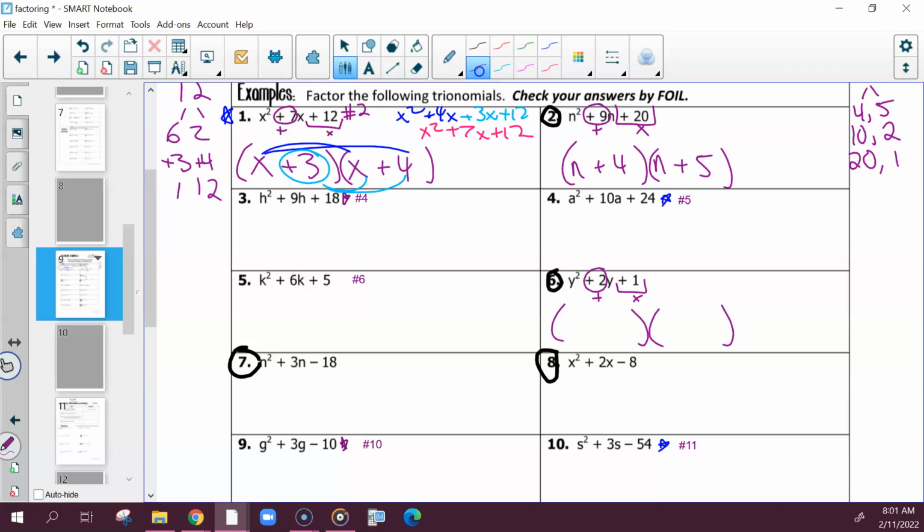And if we were to add those two together, 1 plus 1 does give us 2, so that's y plus 1, y plus 1. When you get the exact same thing, you could simplify this. Say y plus 1 squared, that's the same thing.